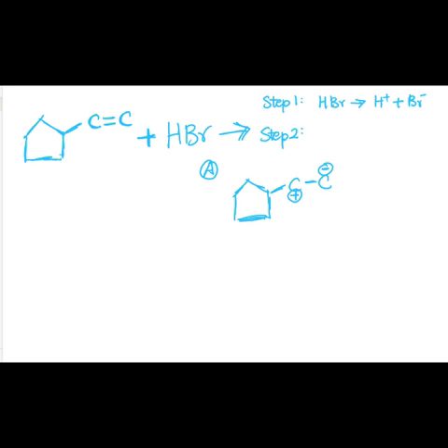Second, the other possible intermediate outcome would be that after the bond is broken, most of the electrons will go to the carbon on the left hand side, making that more negative and making the right hand carbon more positive.